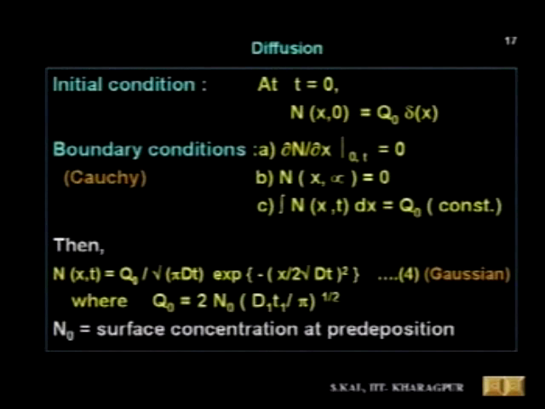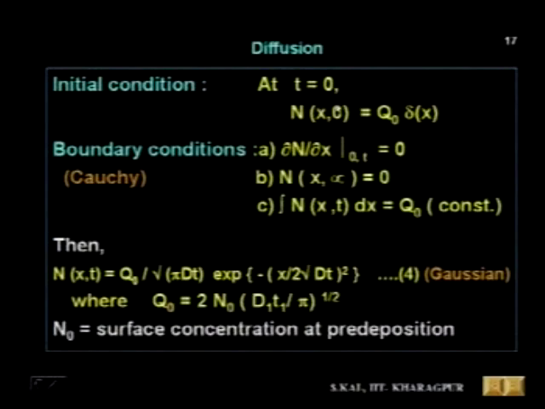Then it will redistribute further and further, and ultimately the impurity atoms may disappear at infinite time, a large time. Another boundary condition is the integral of N(x,t) dx equal to Q0, which is constant. This is the total dopant, which is constant, and these conditions are known as Cauchy's boundary conditions.